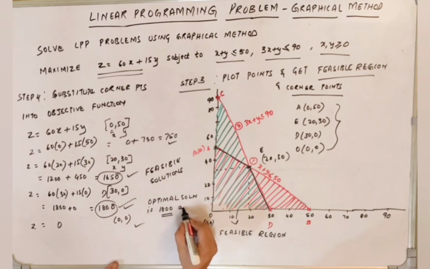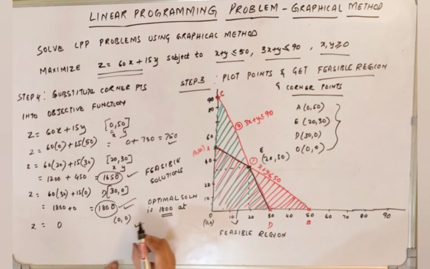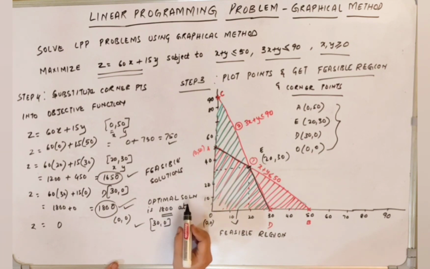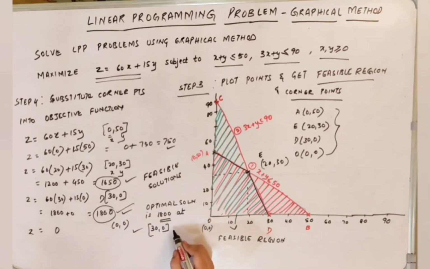Optimal solution is 1800 at x is 30 and y is 0. So at this point, when x is 30 and y is 0, we get the optimal solution, and the value of that optimal solution is 1800. So we have maximized z here. We have maximized the objective function.